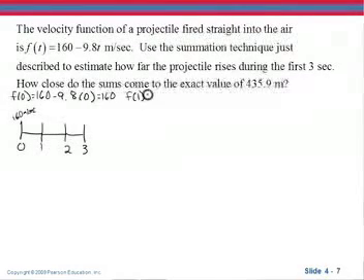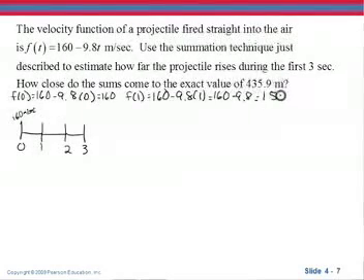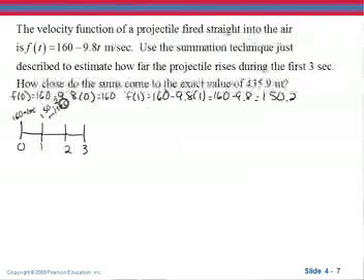At 1 second, it's going 160 minus 9.8 times 1, which is 160 minus 9.8, which is 150.2. So at time 1 second, it is going 150.2 meters per second.